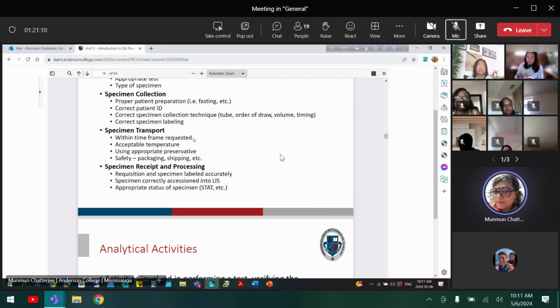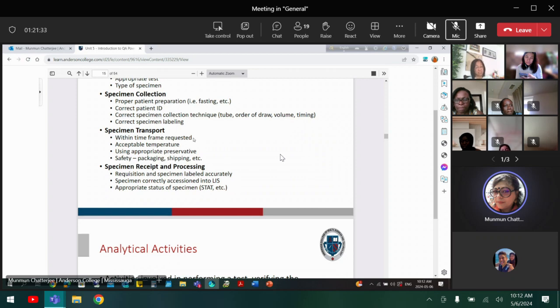The serum, what are you going to do? You take it personally to the lab, ma'am, if the pneumatic tube system is not working. If you're working in some clinic, you have to send it to the lab or the collection centers.